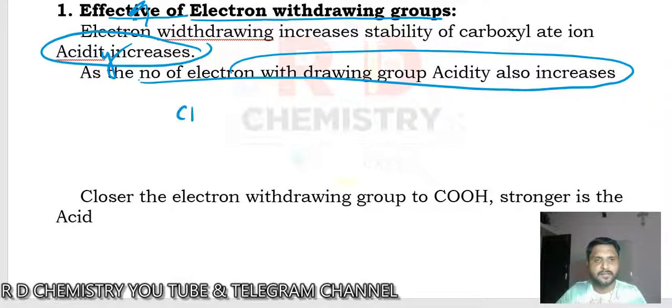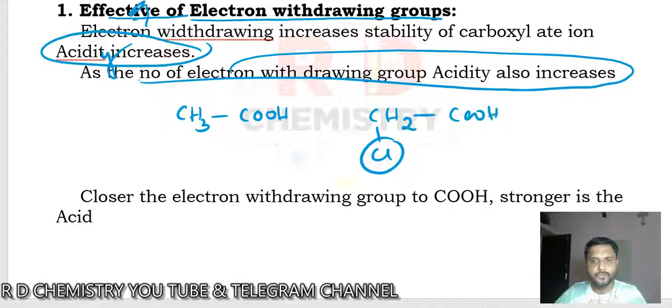For example, let me take CH3COOH and compare with the chloro derivative. Cl is an electronegative, electron withdrawing group. So compare now. When an electron withdrawing group is there, acidic nature increases; acetic acid is the weaker acid. Also, the closer the electron withdrawing group to the COOH group, the stronger is the acid.